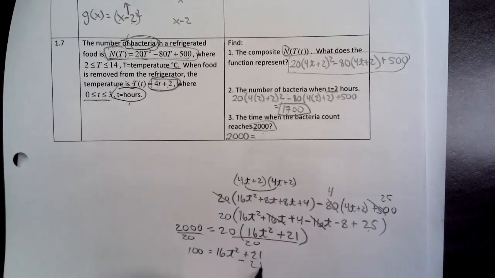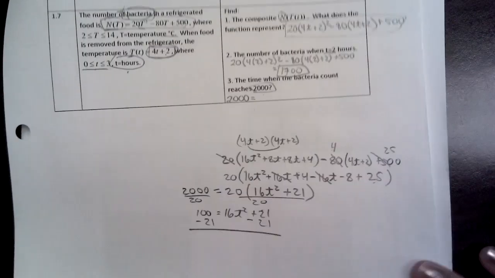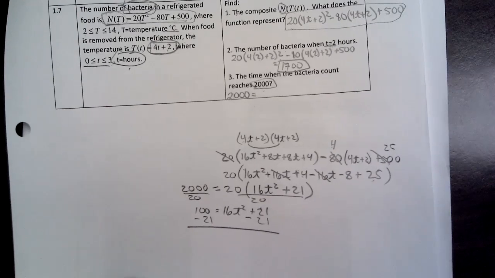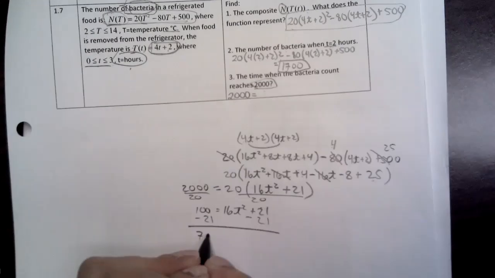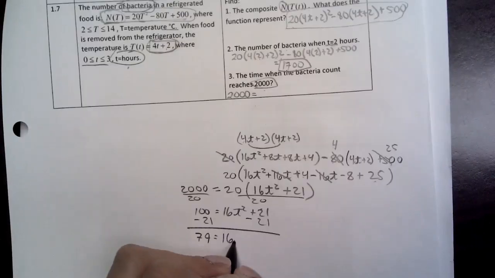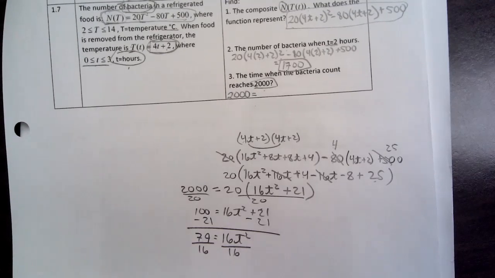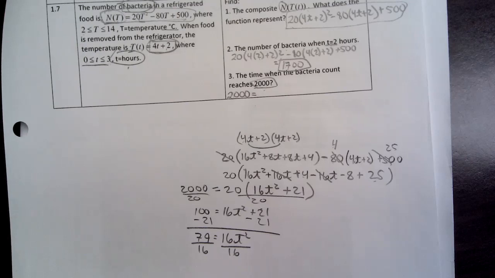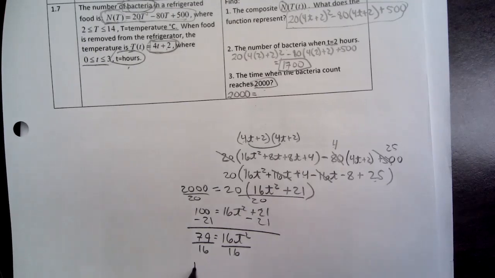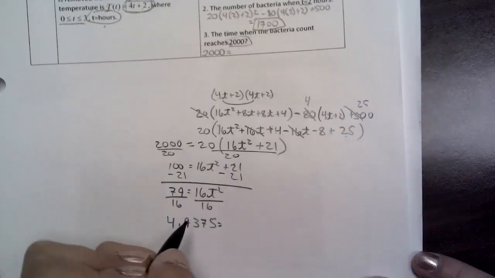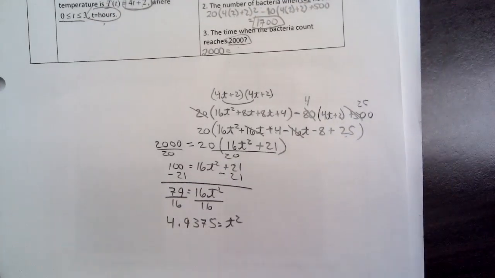Subtract 21 from both sides. 100 minus 21, that's going to be 79 equals 16t squared. Divide by 16 gives me 4.9375 equals t squared.